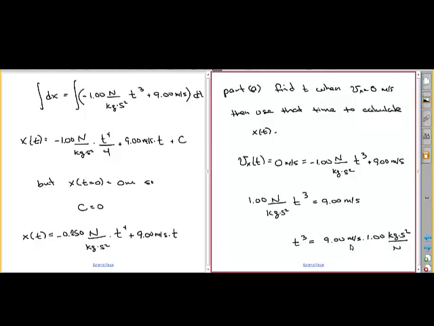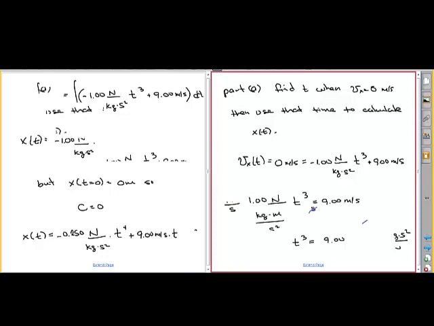So the reciprocal of 1 newton per kilogram second squared is 1 kilogram second squared per newton. And this should end up having units of seconds cubed.